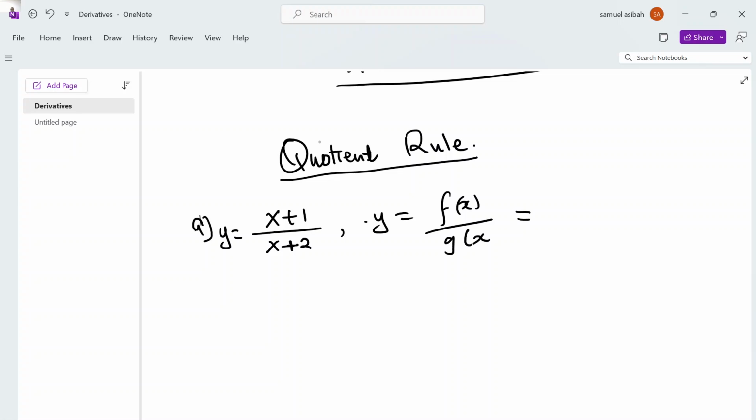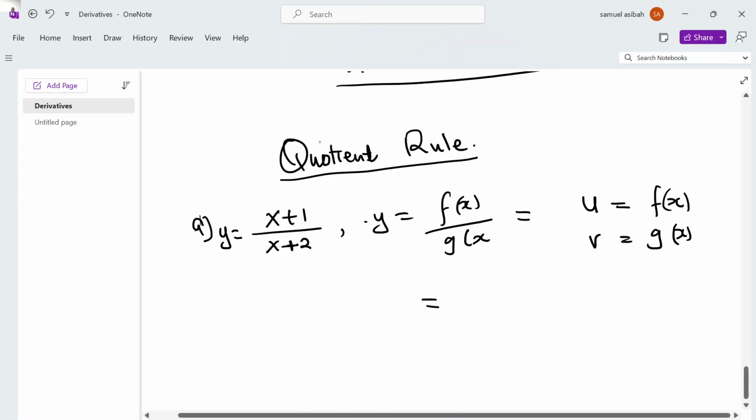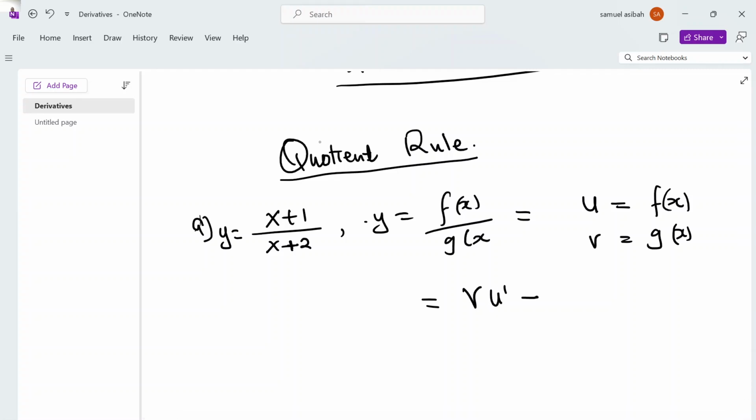So we also identify u as f of x and identify v as g of x. Okay, just like that. So then the formula now becomes so easy: v, which is the second function, multiplied by the derivative of the first function, then you subtract the second multiplied by the derivative of the first.